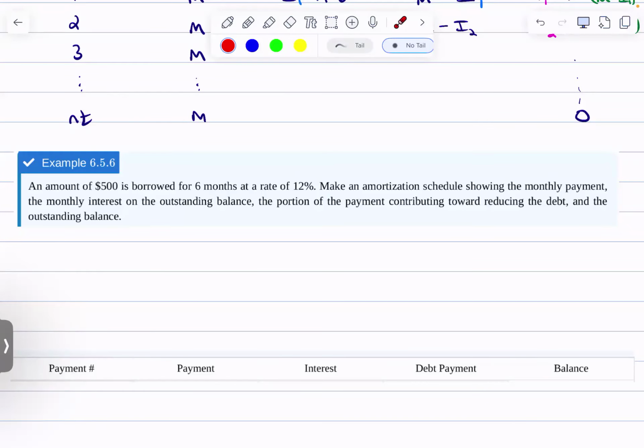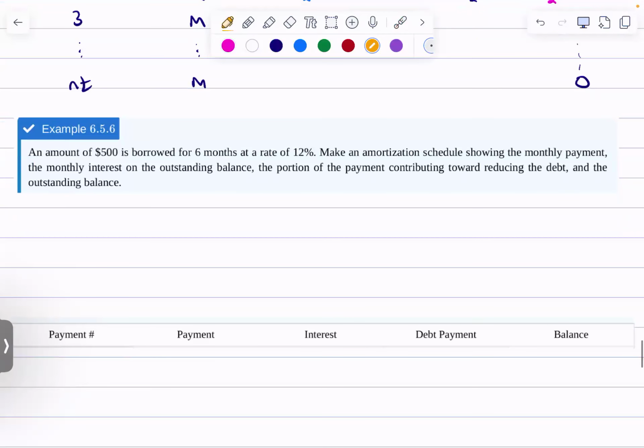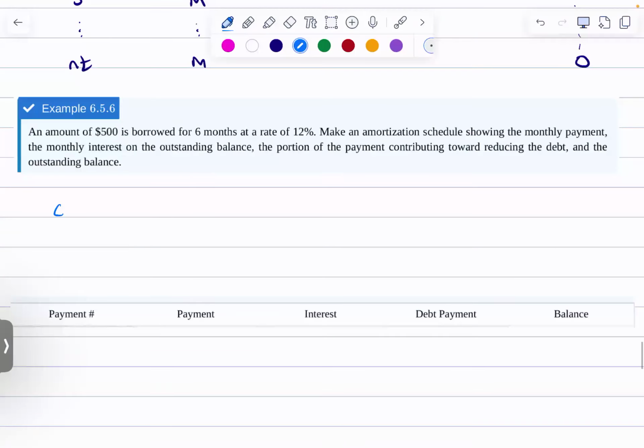Before we can do that, we need, so we're given P is 500, the initial amount that's borrowed.